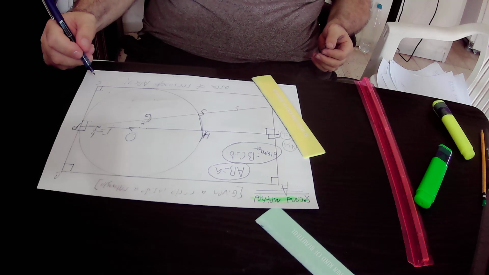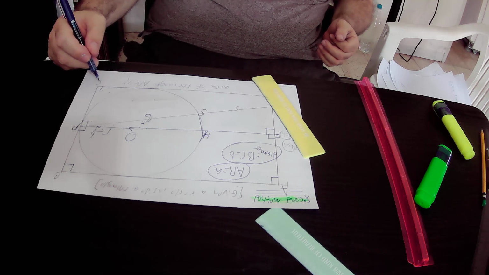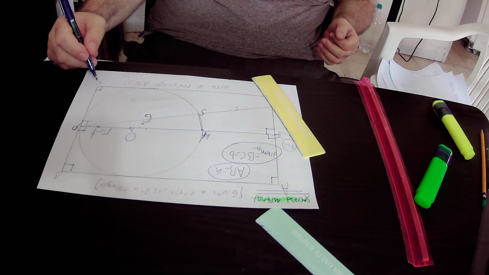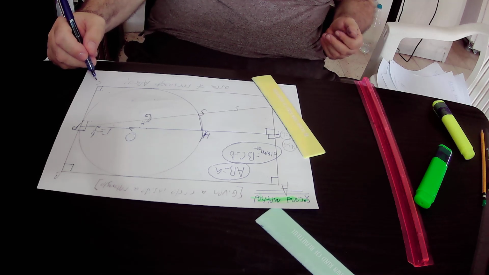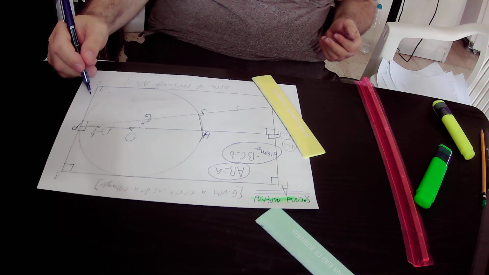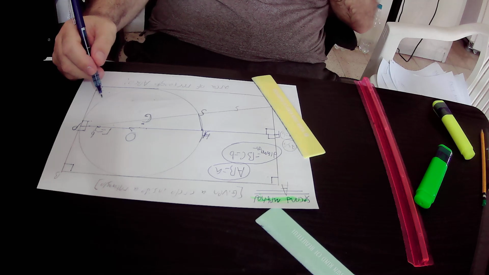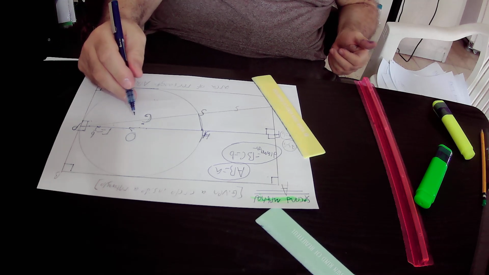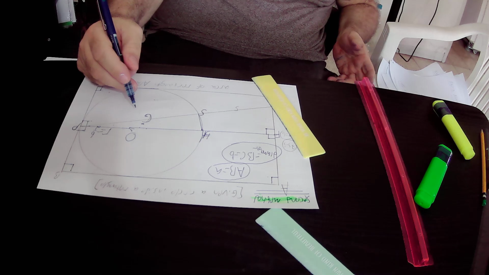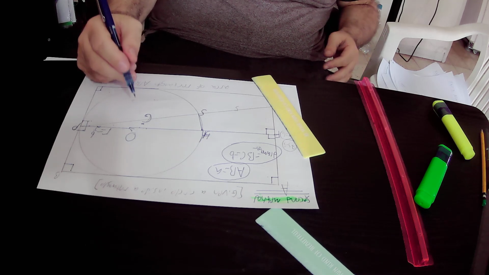What is the definition of chord HP? First of all, it is a chord, okay? But what is the other definition of chord HP? Chord HP passes through the center of the circle, that is point O, and any chord that passes through the center of the circle must be the diameter of the circle.